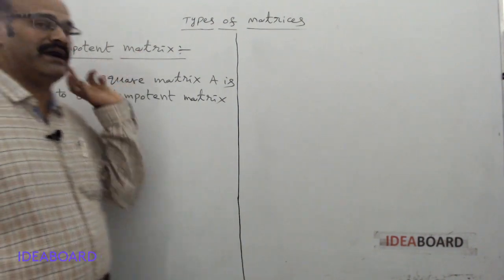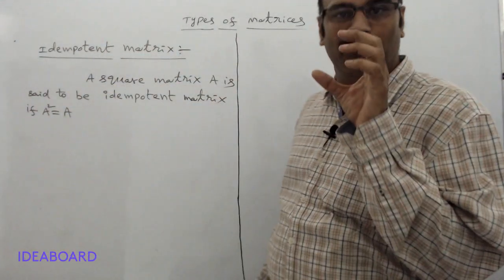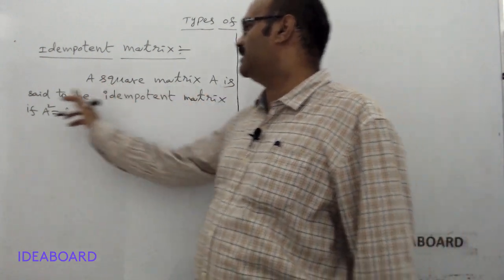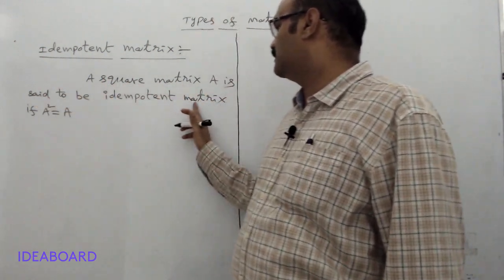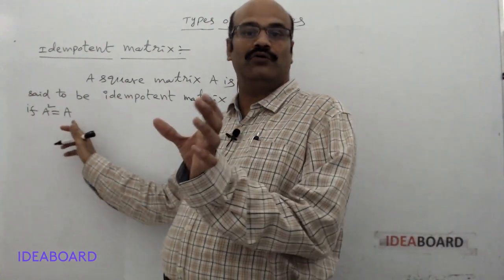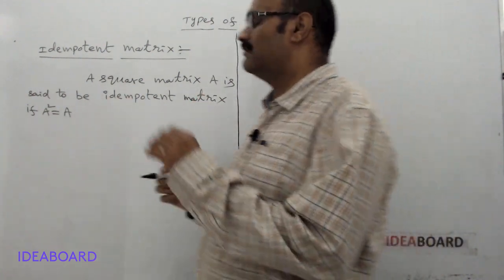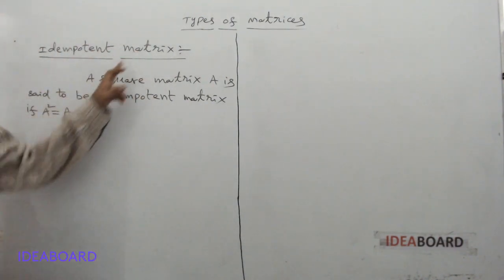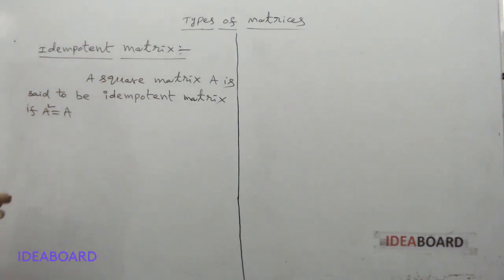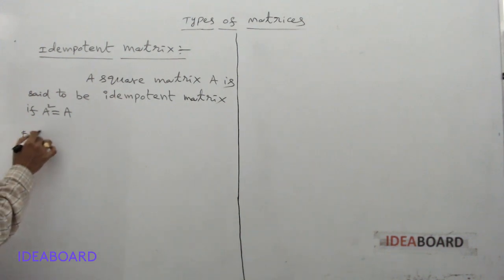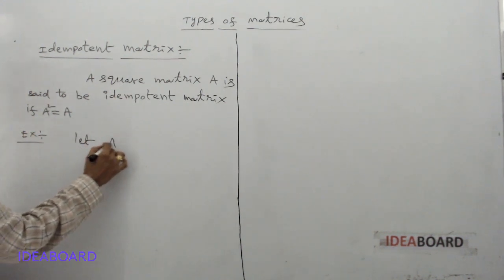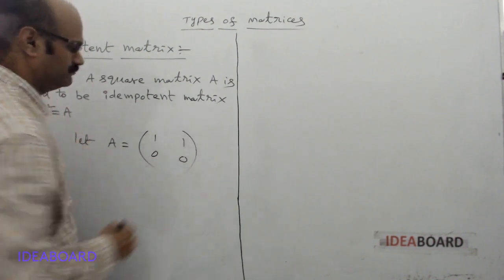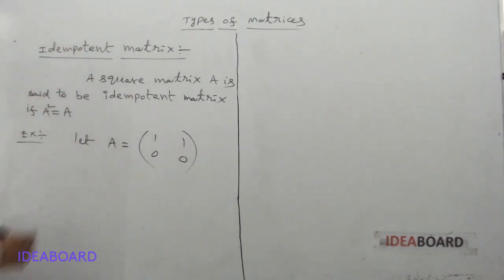Next, idempotent matrix. The definition: a square matrix A is said to be idempotent if A square equals A. Whenever A square equals A, that matrix is said to be an idempotent matrix. Let A equal [1 1; 0 0]. Find A square.